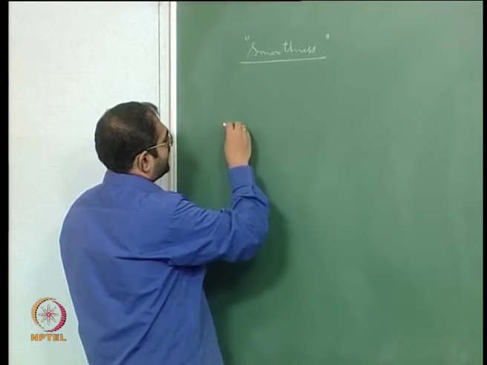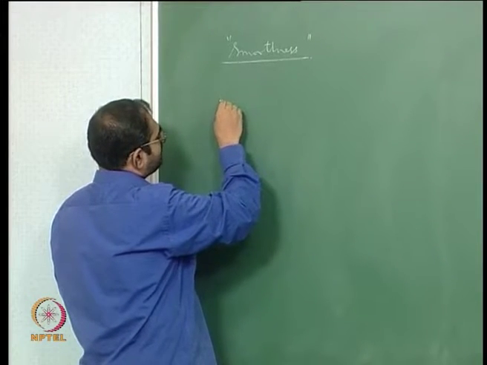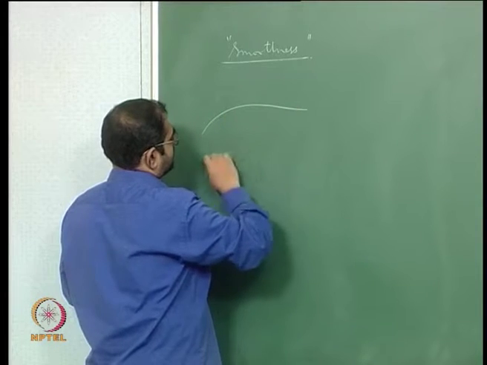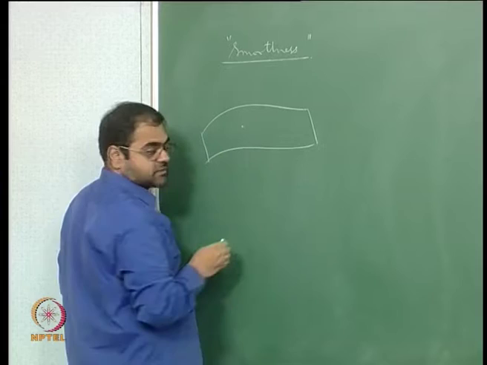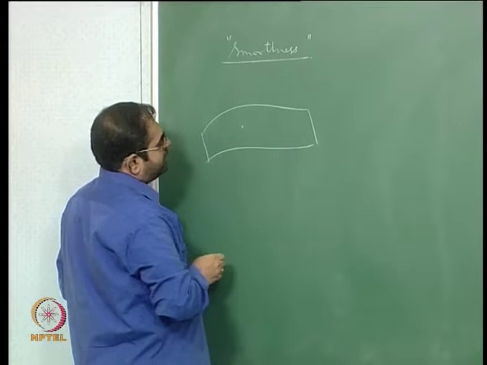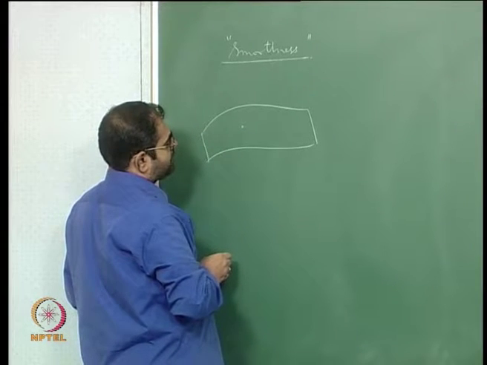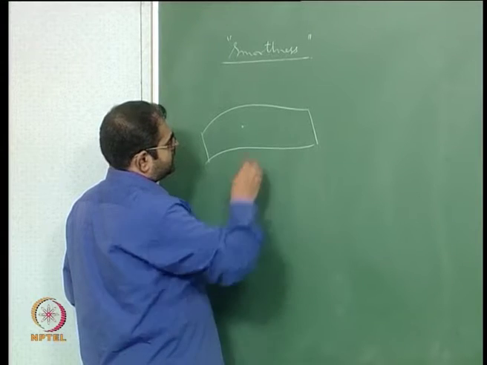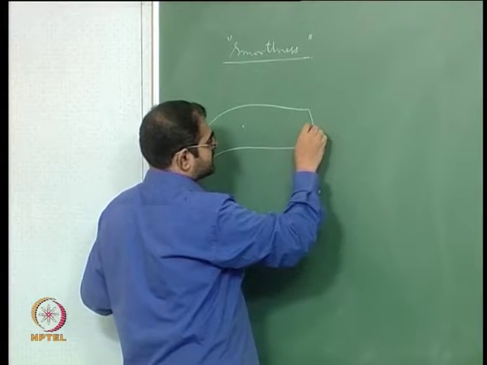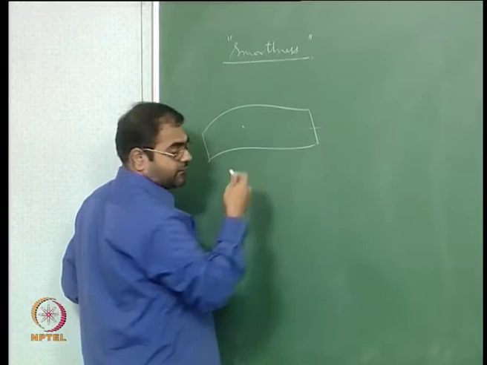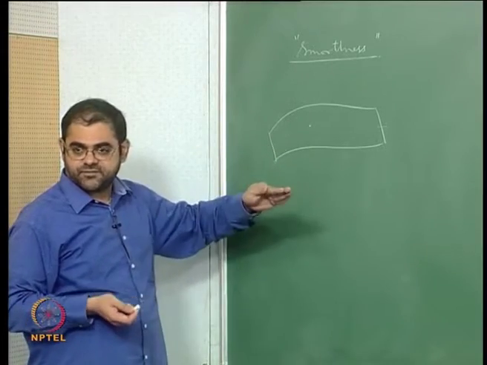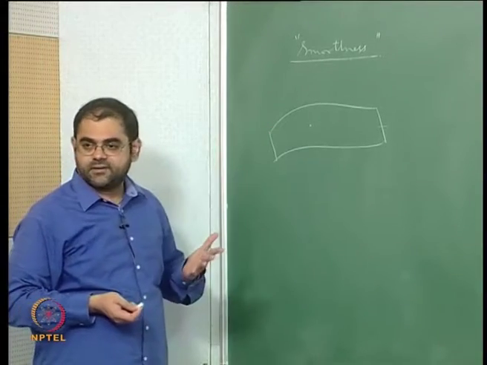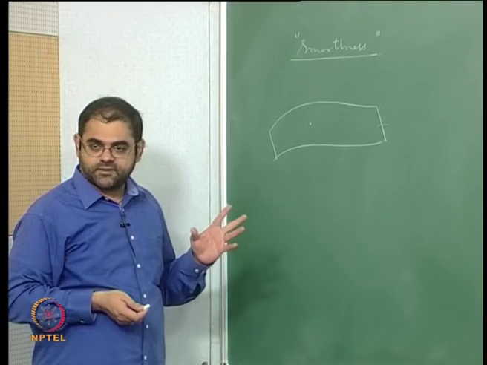So if you take a surface and you take a point on the surface, suppose you are looking at the usual topology, and you are in Euclidean space, and you look at a surface, for example the surface of a sphere or the surface of a cylinder or whatever it is.